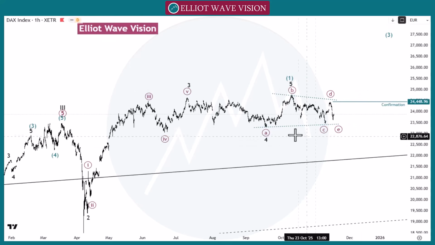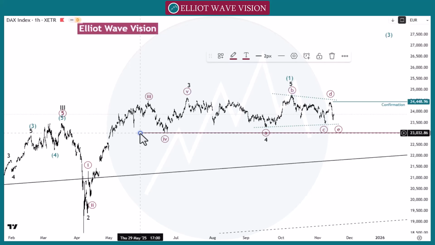And one thing more: this 23,000, the end of group 1. Group 1 belongs to 23,100, 23,200, and 23,300. So the market crossed this point and acted as a tested support here.